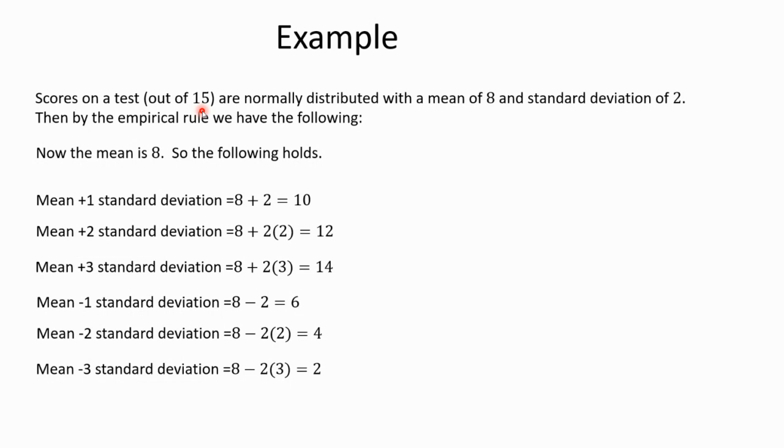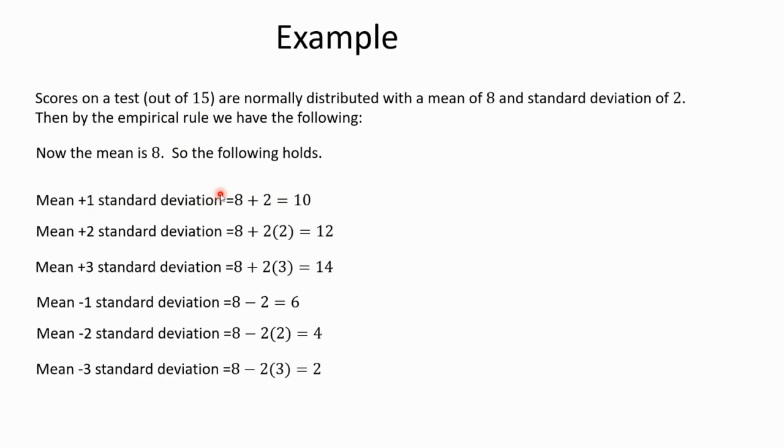Namely, we have the mean plus 1 times the standard deviation. I probably should have put parentheses here. I'm sorry I didn't. But we have the mean, which is 8, plus 1 times the standard deviation, 8 plus 2, which is 10.